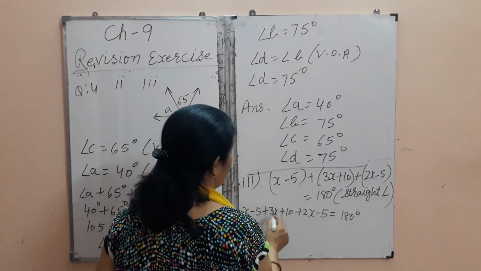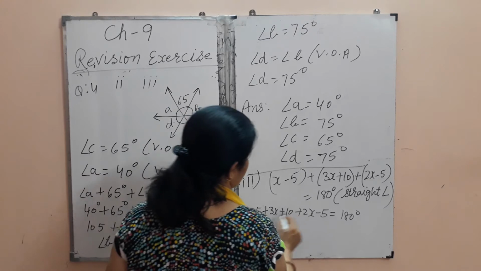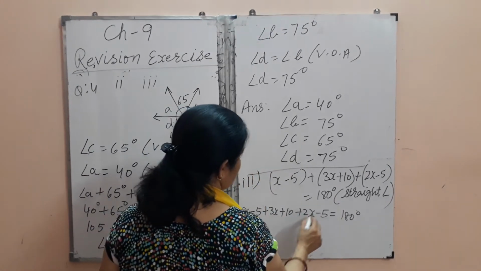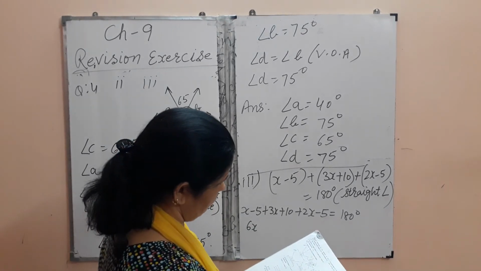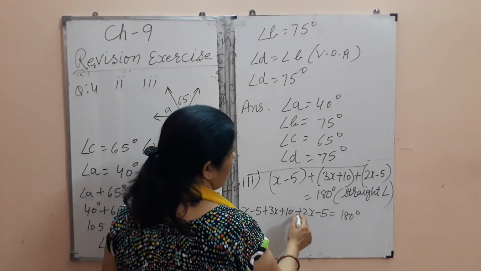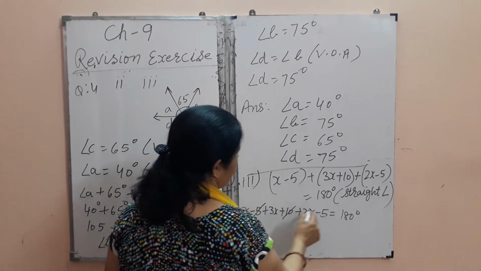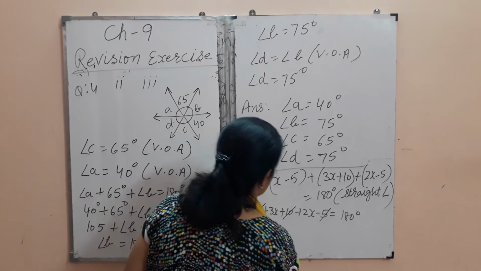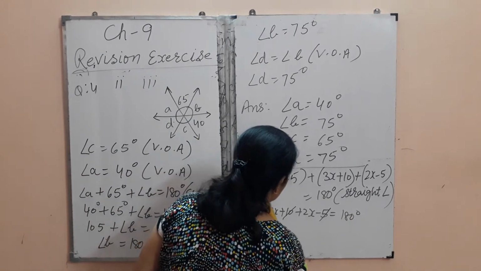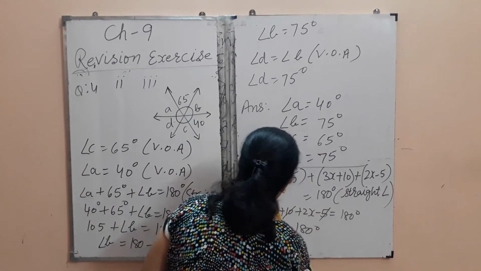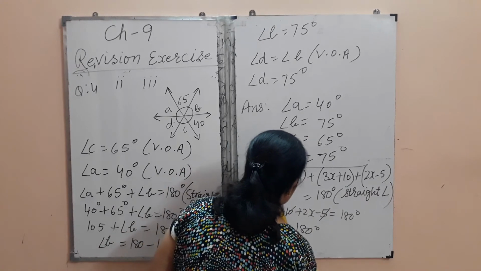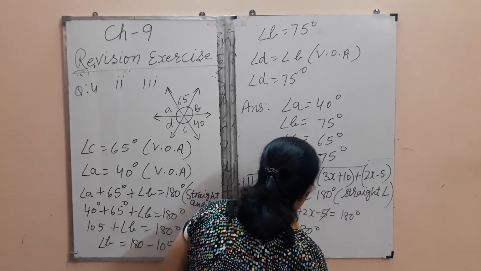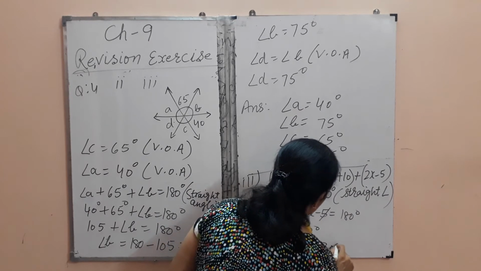Now x we will add: x plus 3x, 4x plus 2x, 6x, and numbers also we will solve. Minus 5 minus 5, minus 10, and plus 10. So they will be cancelled. Minus 10 plus 10 is 0. 6x plus 0 equals to 180 degree. So 6x equals to 180 degree and x equals to 180 divided by 6 equals to 30 degree.